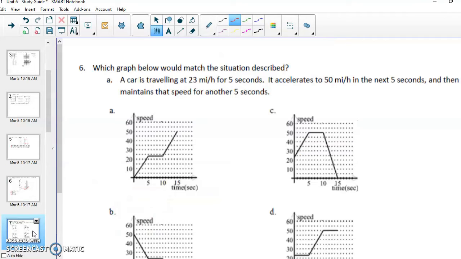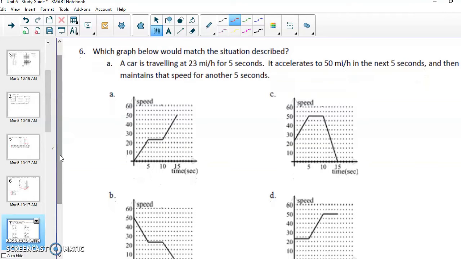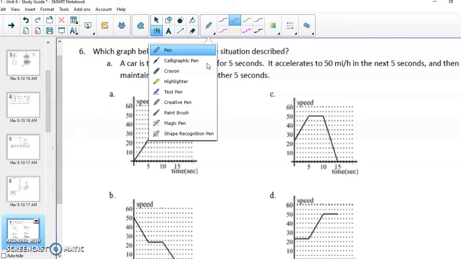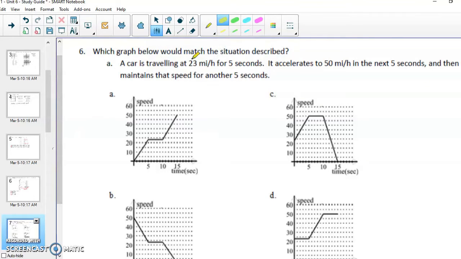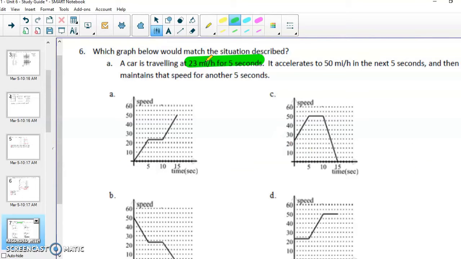Okay, turn the page to the next page, which is actually not labeled, so it's page 22. Which graph below would match the situation described? So let's see. A car traveling at 23 miles per hour for 5 seconds. That means we're starting off at a steady speed.